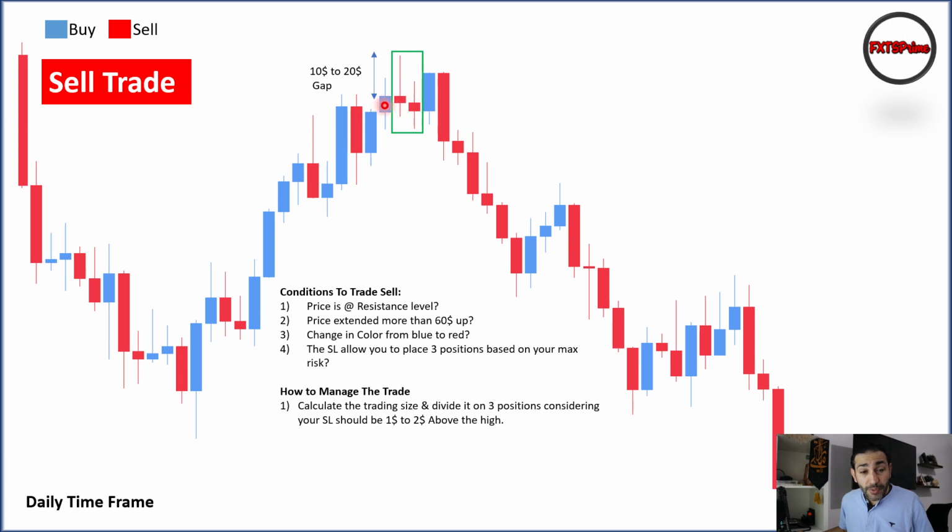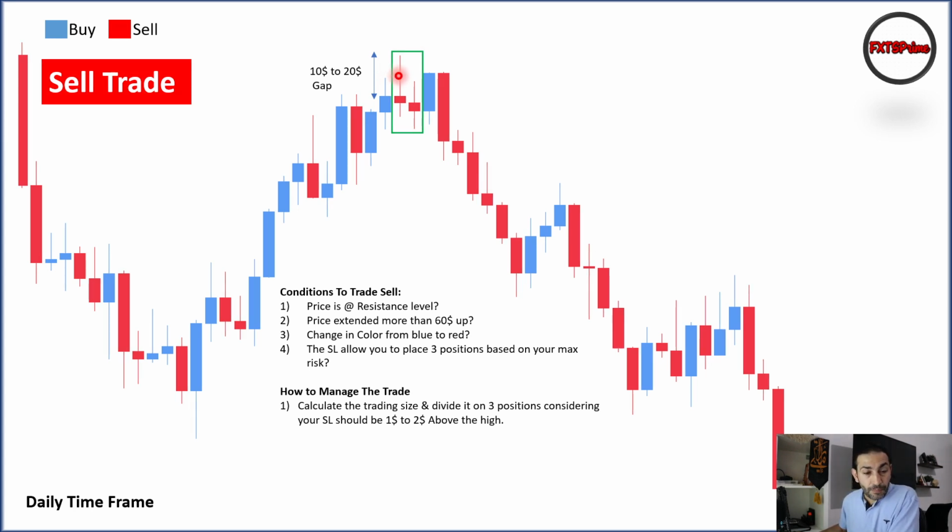So I'm going to open an entry here. How much is the size for that entry? If my stop is $20 and I'm risking like $100, I need to find the right size when I place three positions here. If all three of those positions hit stop loss, then I will be losing only $100, or $20, whatever size you like.